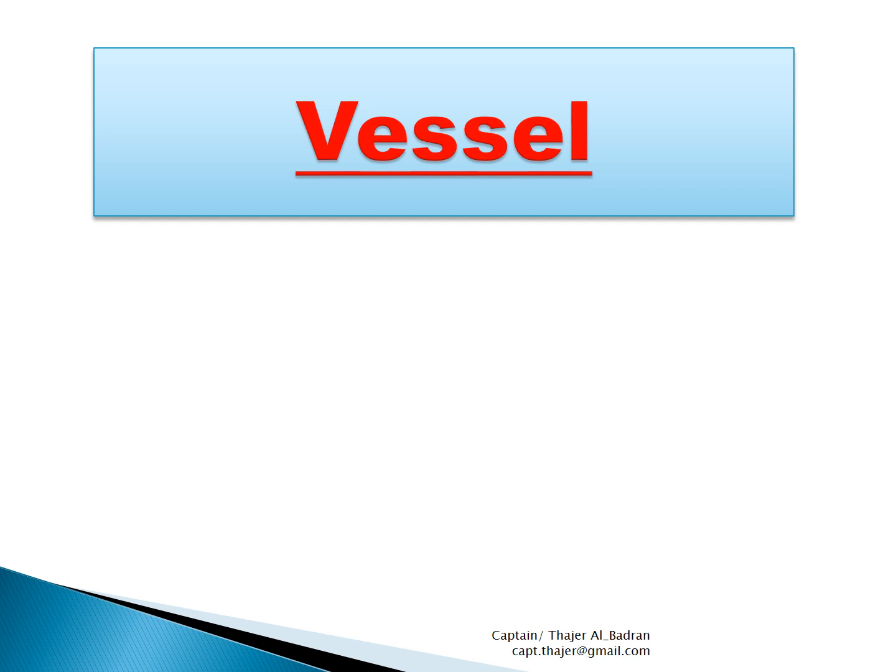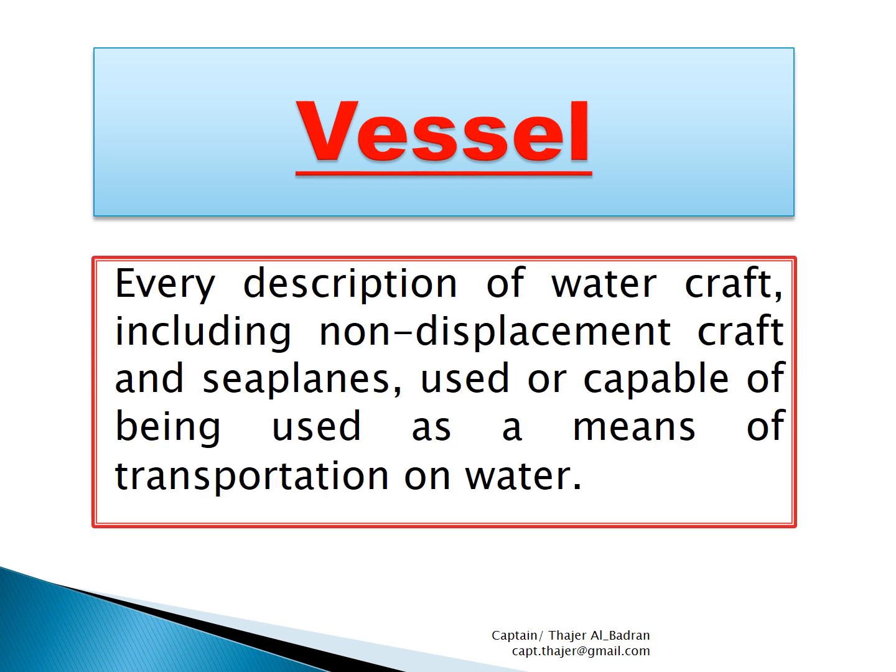In the beginning, we must define the vessel terms. Vessel: every description of watercraft, including non-displacement craft and seaplanes, used or capable of being used as a means of transportation on water.